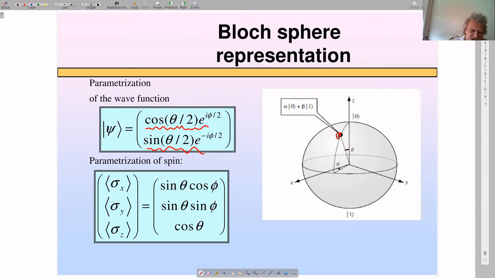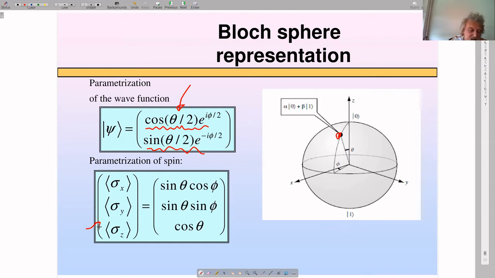However, if I look at these expressions, they look strange. They don't look like the usual vector components in spherical coordinates. No wonder, because the wave function is not a vector. What is a vector in this system is the average spin associated with this wave function.